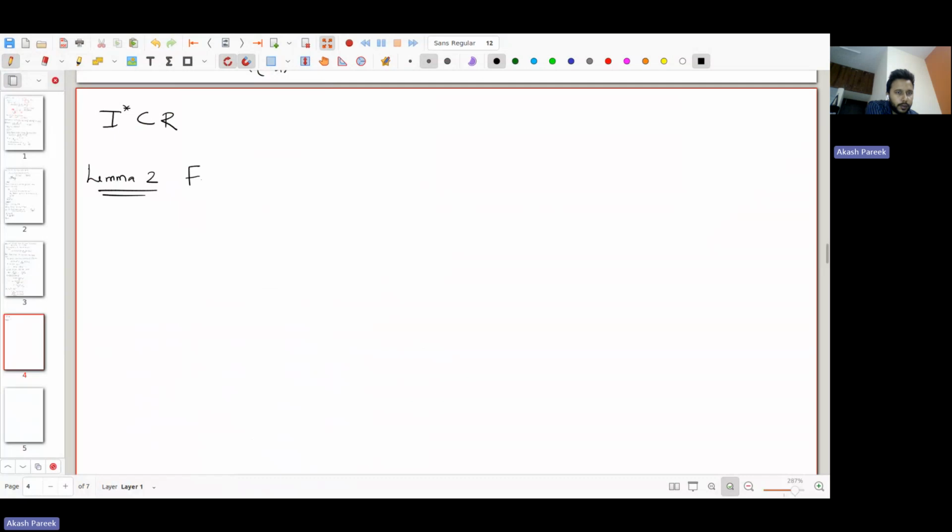So what we want to show is, for a fixed set X subset of R, let C be the mean of X and sigma square be the variance.